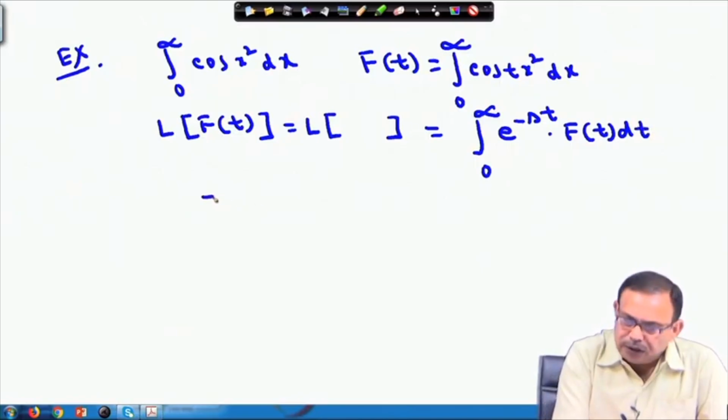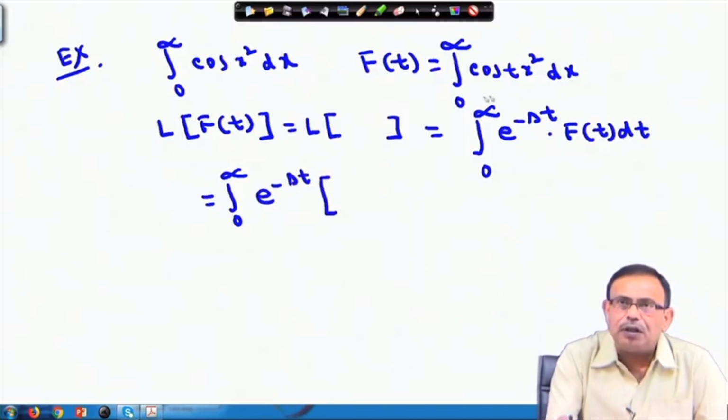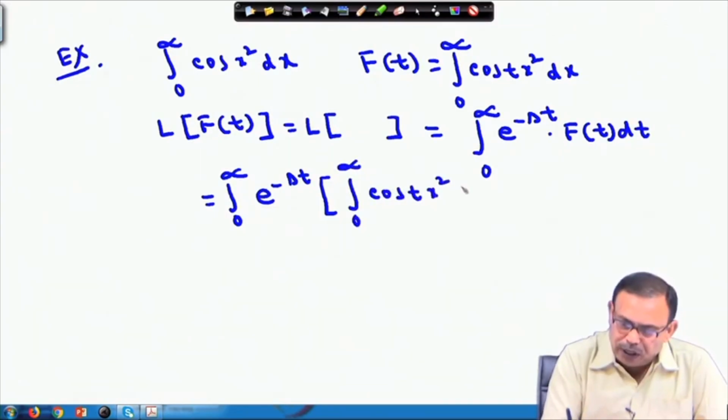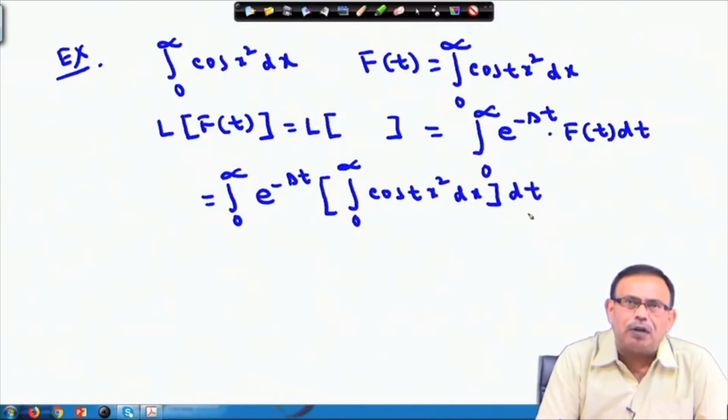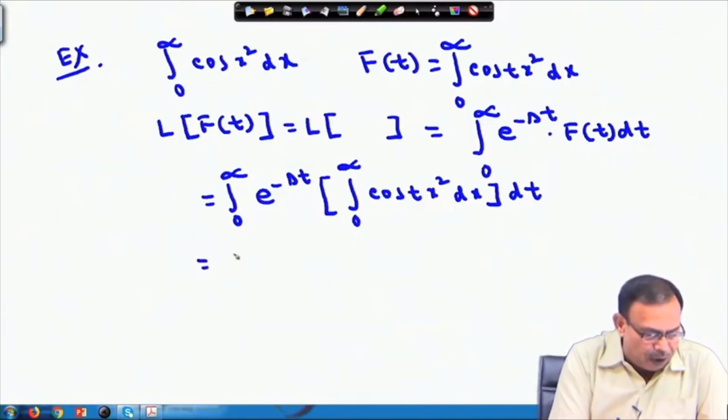Like the earlier case, e power minus s t into f(t) is again this integral, the integral from 0 to infinity of cos of t x square dx, into dt. So now I can change the order of integration, that is, I can integrate dt first and then dx, without losing the properties.